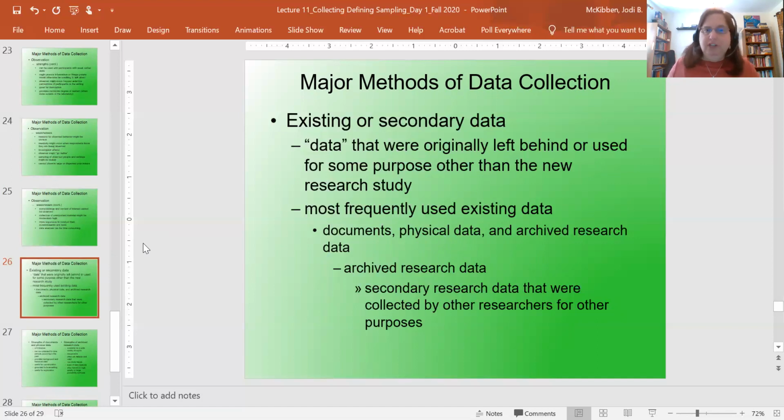And it's a really long questionnaire and asks a lot of good questions. And using just a few questions from that data set, we were able to do some research about the stigma of seeking mental health assistance or mental health services. So that was really interesting. Yeah, so you can do a lot with archived research data.